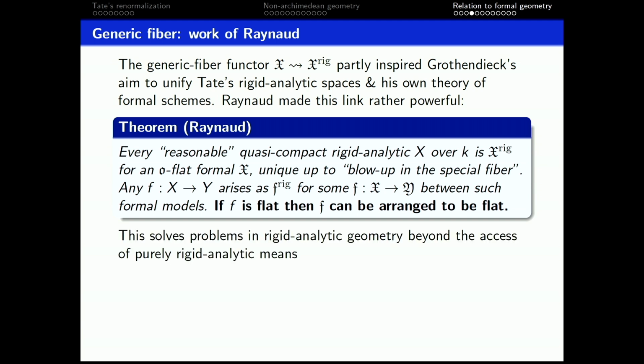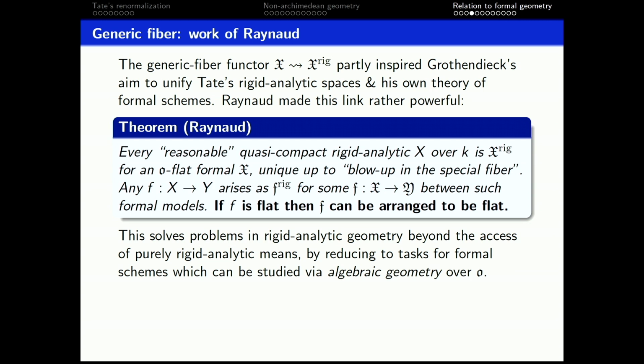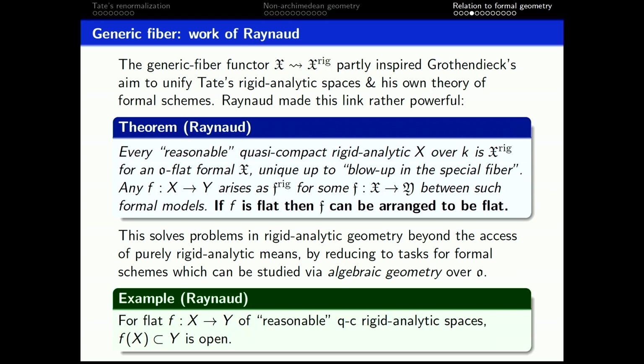And this is fantastic because what it opens up is the possibility of solving problems in rigid analytic geometry by converting them to problems in terms of these formal schemes. In other words, you reduce yourself to algebraic geometry over the valuation ring. So here's an example. If you have a map of reasonable quasi-compact analytic spaces which is flat, you might wonder whether the image is open.